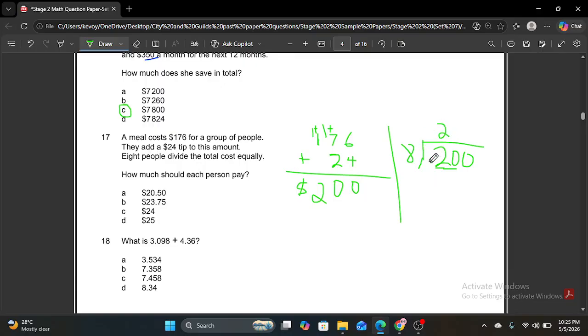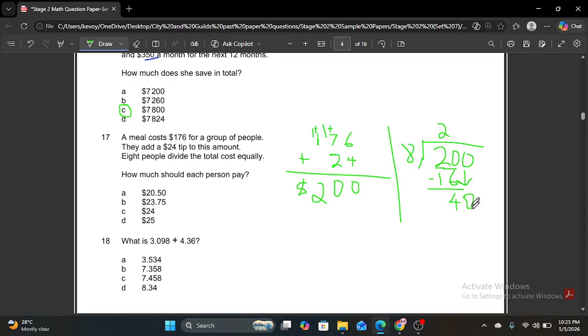So 2 times 8 is 16. 16 minus 20, you'll be left with 4. After you take away, you bring down, so that would be 40.